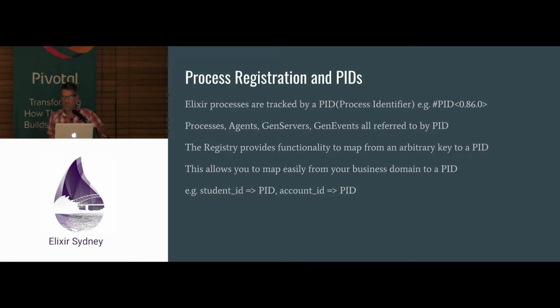When you spawn a new process in IEx, you'll get this thing back which looks like this, which is a PID, and it'll have some triplet of numbers. The first number is the node identifier. Usually if you're working locally, it'll be 0, that's your local node. If you're working with a whole bunch of nodes, it'll have some other number.